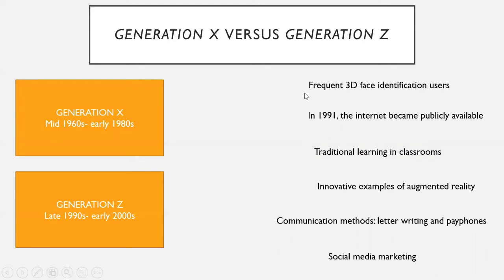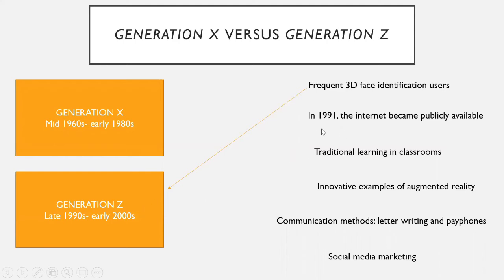For the first one, can you tell me which generation frequently uses 3D face identification on their cell phones, on their laptops, and on their cameras? I will definitely say Generation Z. The characteristic frequent 3D face identification uses is relevant to Generation Z.